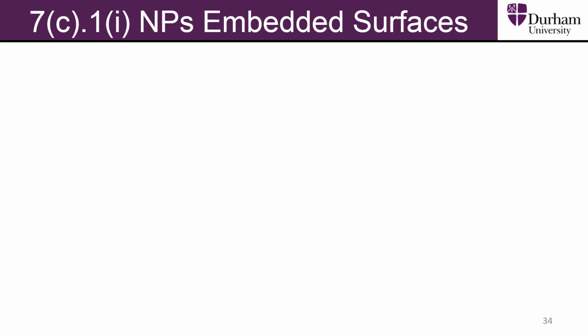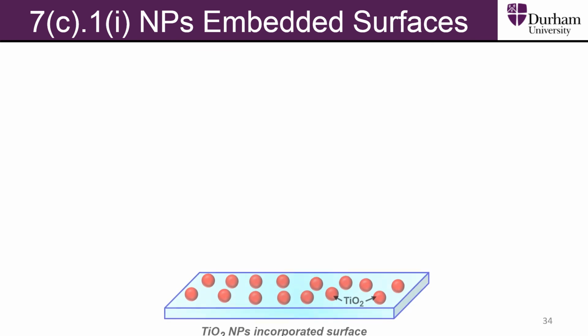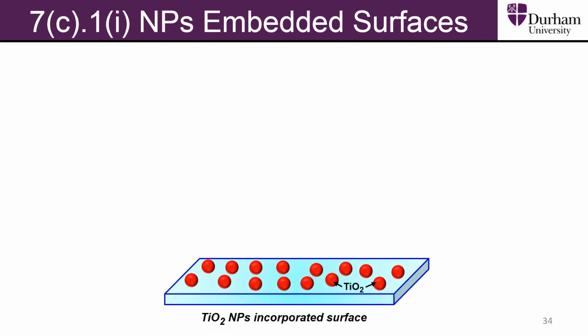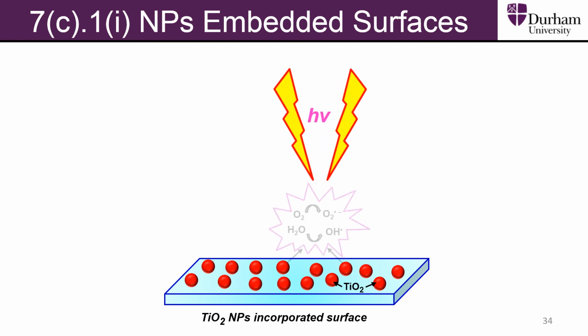This illustration represents the contact-kill antibacterial mechanism of metal oxide nanoparticles like titanium dioxide or zinc oxide embedded in a surface. Typically, these nanoparticles absorb UV radiation and consequently generate energized negatively charged electrons and positively charged holes.